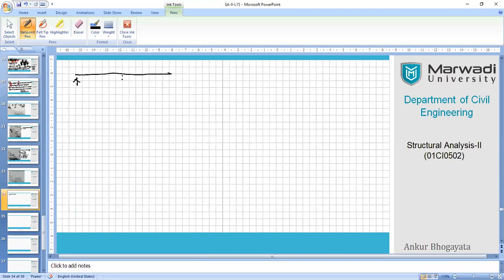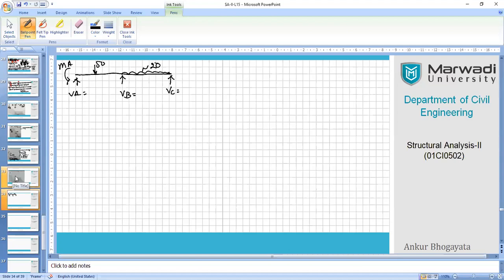Here we have three reactions that we have worked out successfully. UDL is there, point load is there, reactive moment is also there. This is A, this is VB, let me write down the values also, and VC. This is 20 and this is 50.